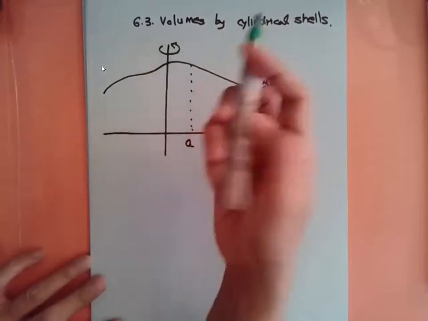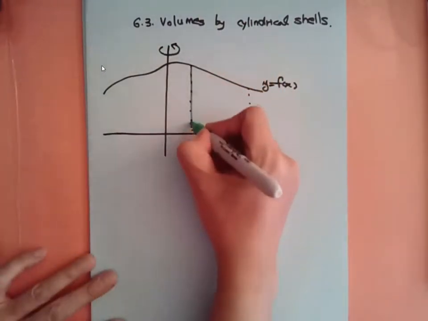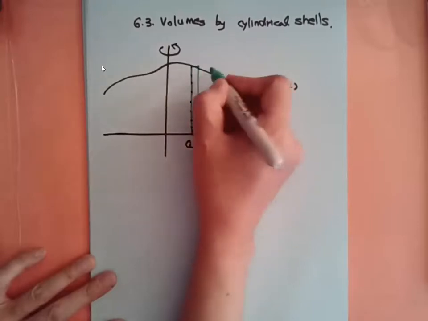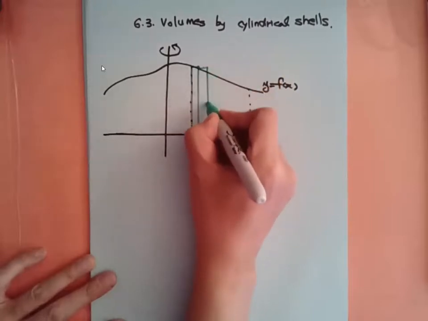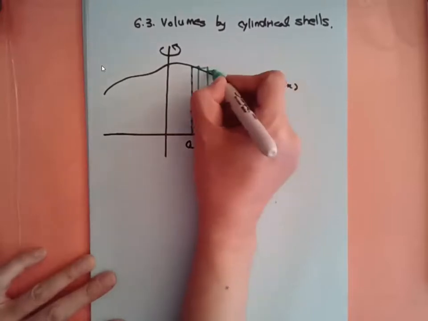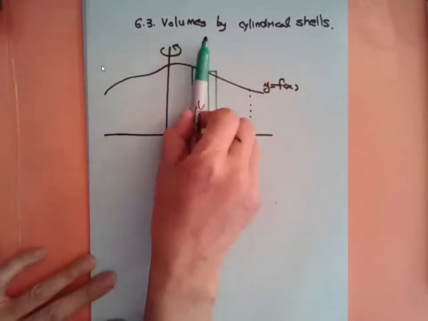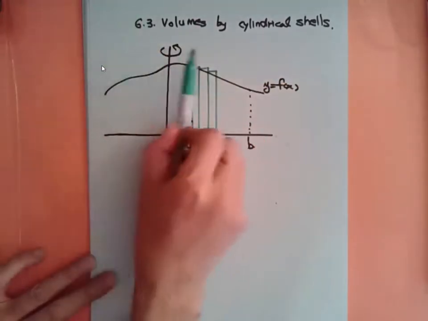So we will draw this vertical stick. And then we will get the cylindrical shell.